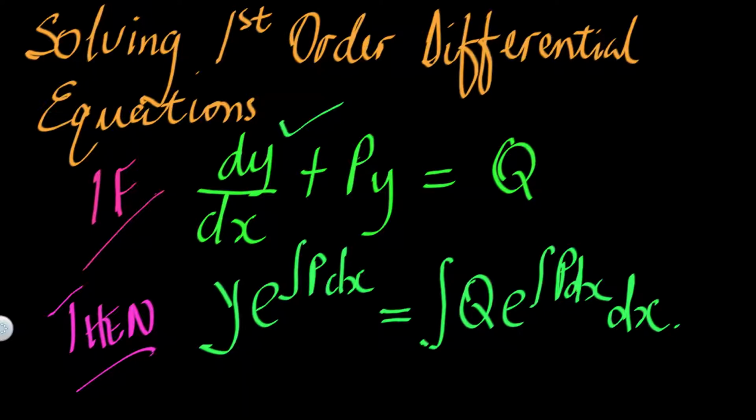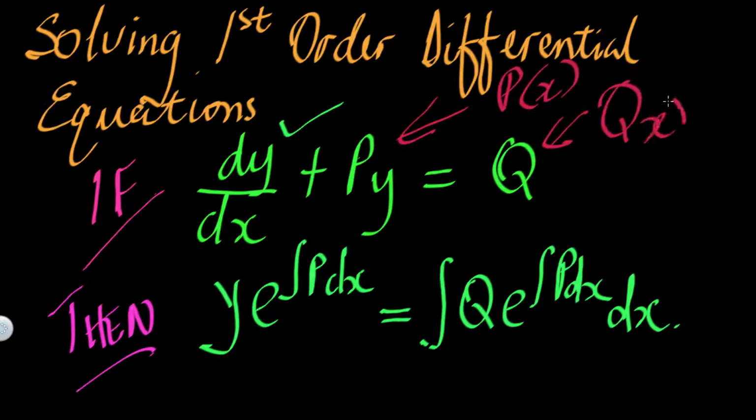What I'm going to explain in this video is the method that you can use to solve a differential equation of the form dy/dx + Py = Q, where P and Q are functions of x. So P is actually a function of x and Q is also a function of x.